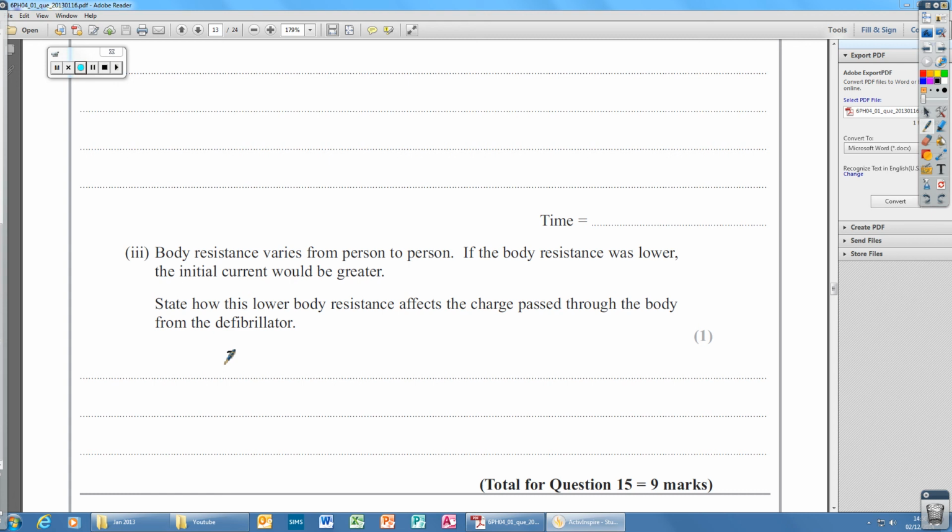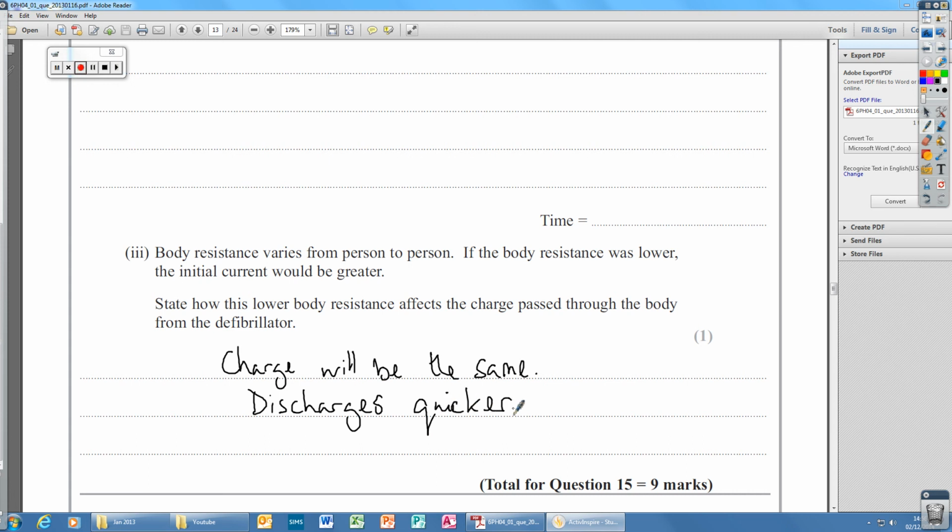Well, the charge will be the same. Because the capacitor isn't going to store more, it's just discharging the same amount of charge quicker. So if I put here discharges quicker, then that makes absolute sense to the examiner. I hope so anyway. There we go. Right, there's another one answered.